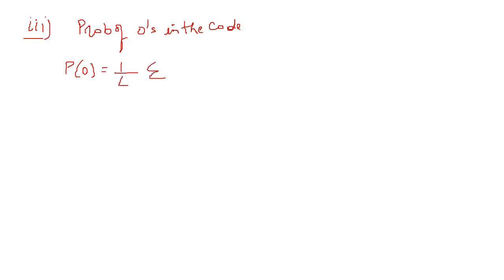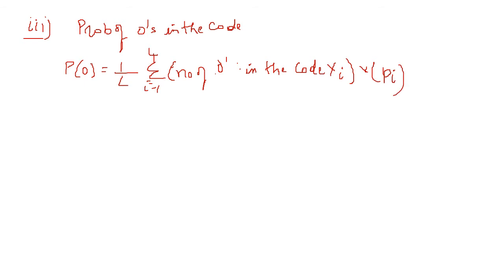The third part of the question is finding the probabilities of zeros and ones. So the probability of zeros in the code is given by the formula: P of 0 is equal to 1 by L, summation of i equal to 1 to 4, number of zeros in the code xi into the respective probability of that particular code word.